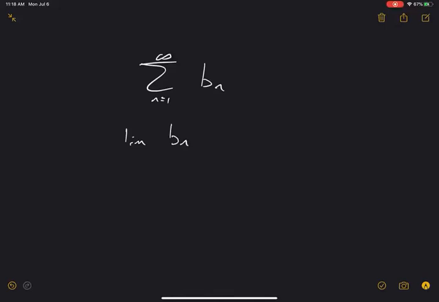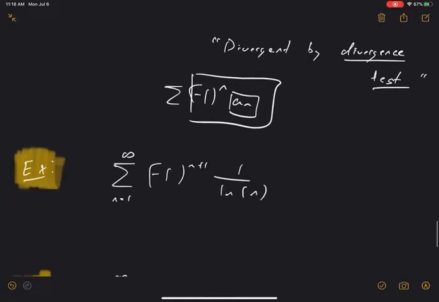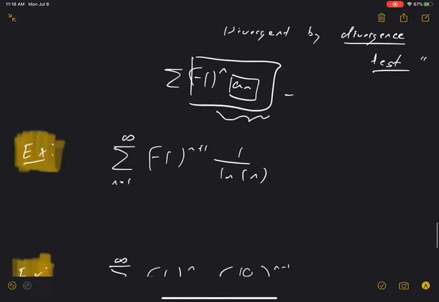If the limit of Bn does not equal 0, our series is divergent by divergence test, right? That's exactly what's going on here. I have this series -1 to the n, an, and this part's not going to 0, right? So this is stuff inside my series, call this stuff your Bn. Your limit of Bn is not going to 0. So our series is divergent by divergence test.